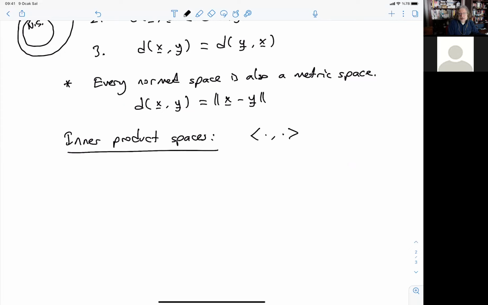That also you may remember from linear algebra, the less than or greater than signs, and in between we have two vectors. And the properties for these are: x, y inner product is equal to y, x inner product except a conjugation.